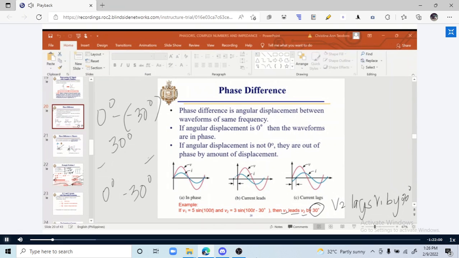Now we have an example here. V1 is equal to 5 sine 100t, and V2 is equal to 3 sine 100t minus 30 degrees.